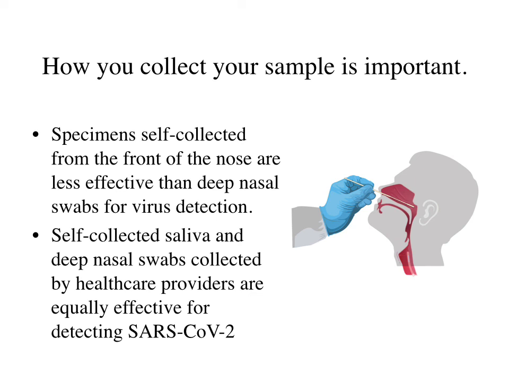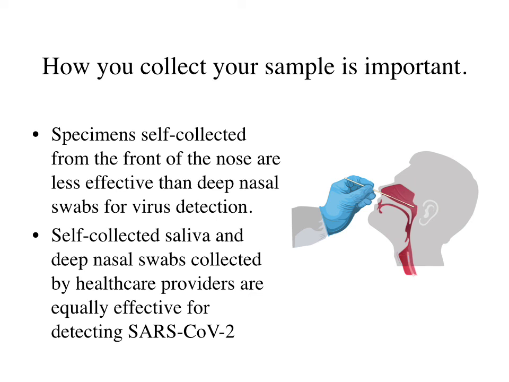But an interesting bit of data has come out showing that saliva is very effective for testing for SARS-CoV-2. So research showed that self-collected nasal swabs, when used alone, can miss nearly 15% of infections, probably because people aren't going in deep enough to get a good sample.